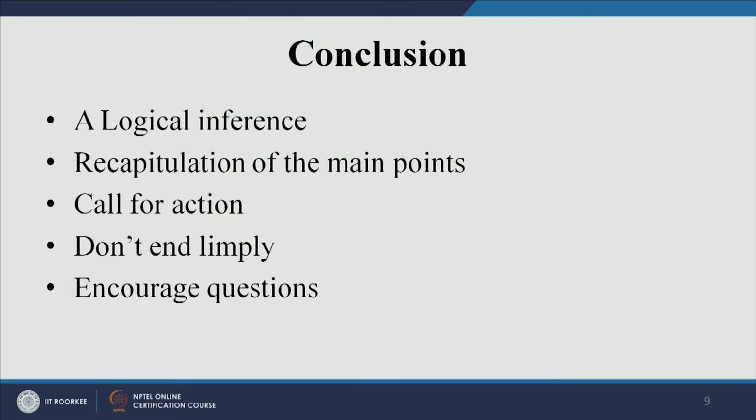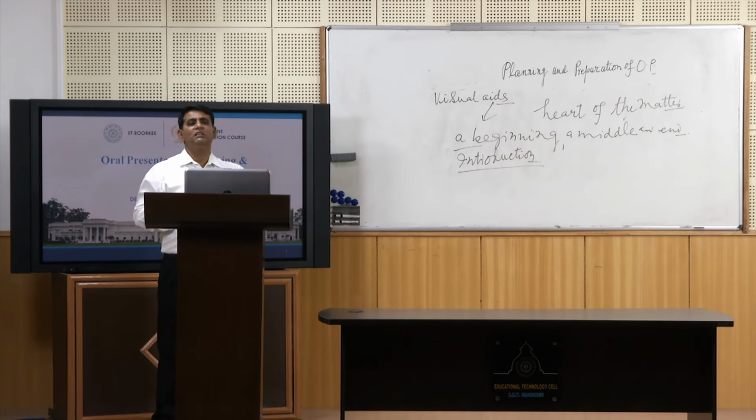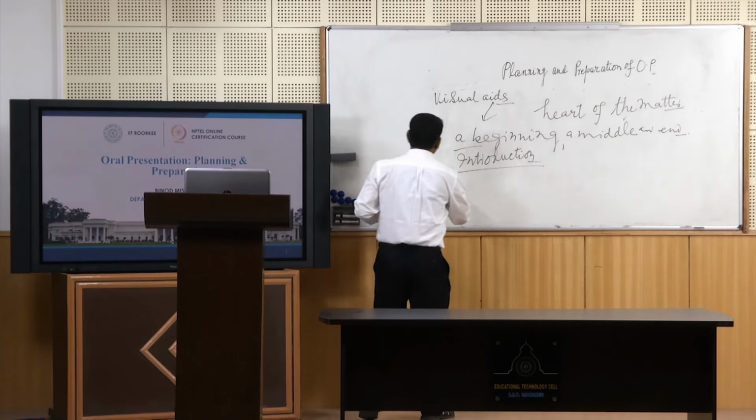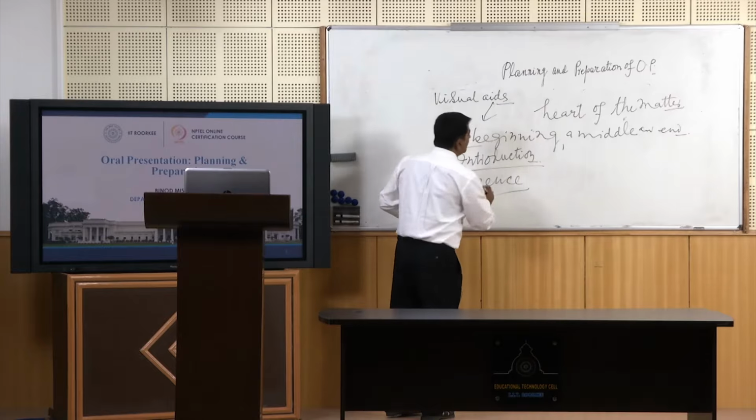The conclusion should be based on what you have discussed in the body. So you should create such a situation that it appears a very systematic conclusion. It is actually a sort of inference drawn out of the discussion that you have made in the body.